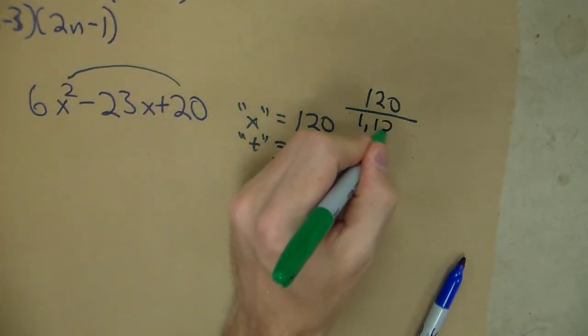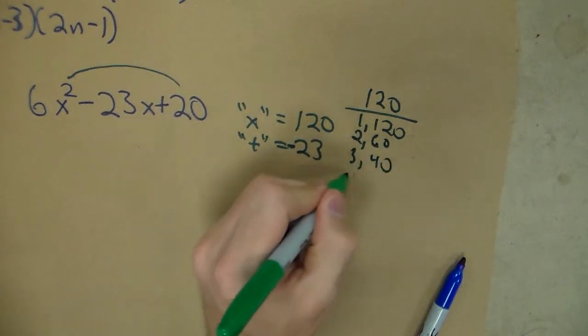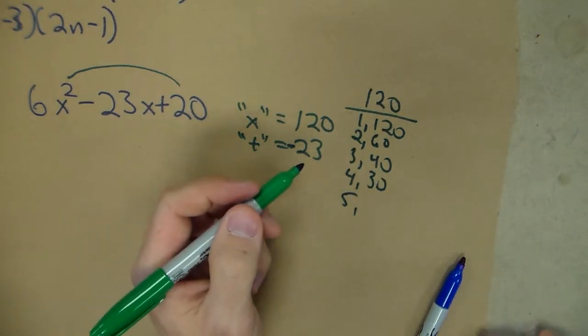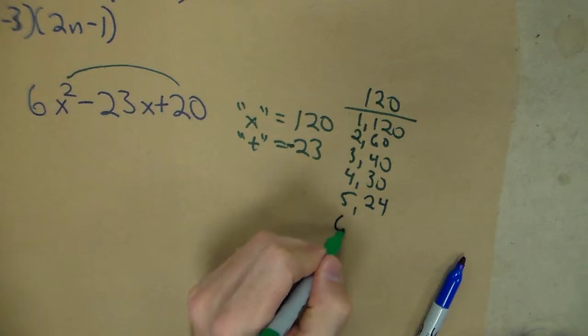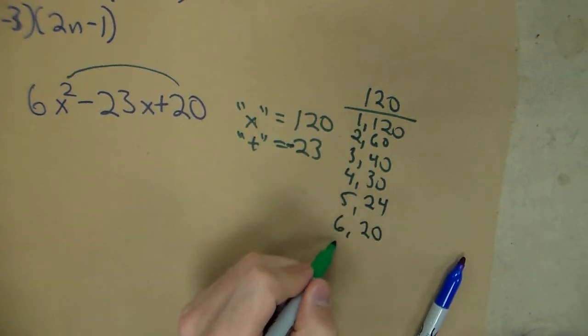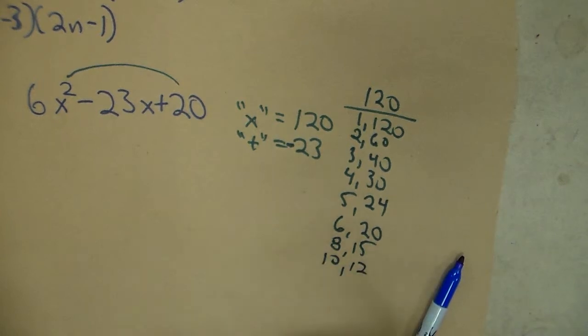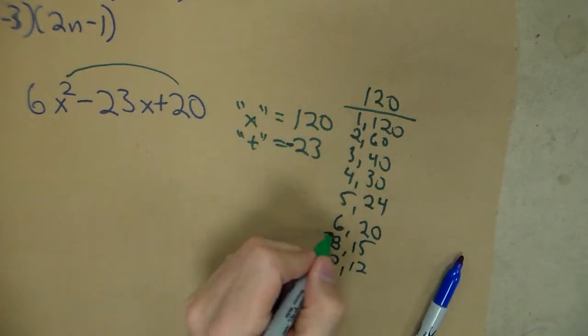I got 1 and 120, 2 and 60, 3 and 40, 4 and 30, 5 and 24, 6 and 20, 8 and 15, 10 and 12. A lot of factors there. And we're looking for the ones that add up to negative 23. It's a positive product, so they'll both be negative.